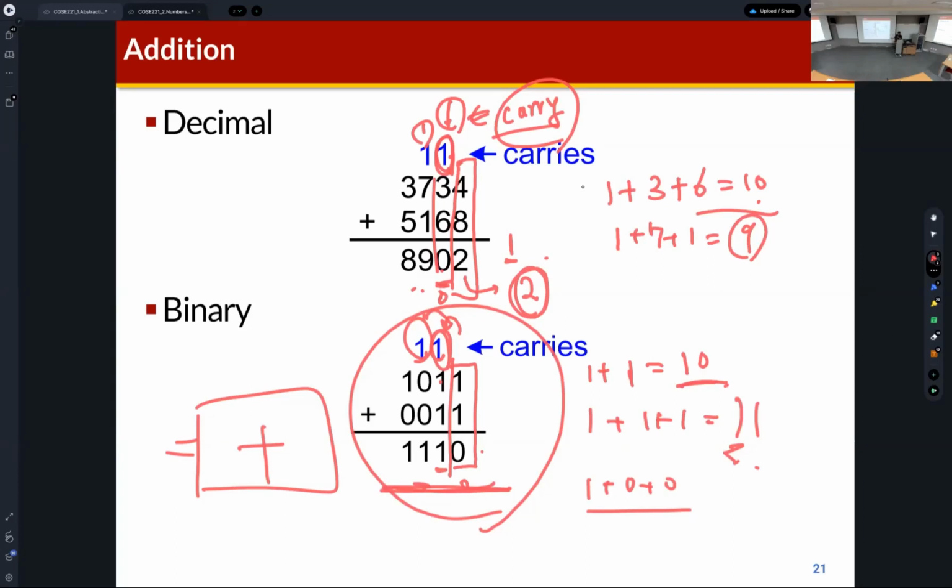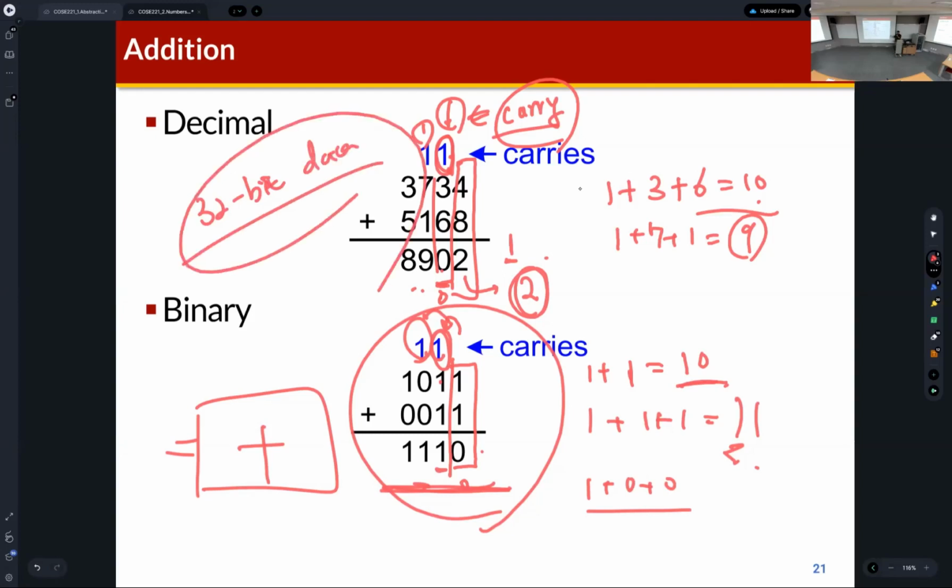So what I want to say is that we can easily perform one digit of addition, like 1 plus 1. But if we handle very large data, like 32-bit data, right? If we use the integer data type in our C program, then each variable handles 32-bit data. It's very large data, including a very large number of bits.